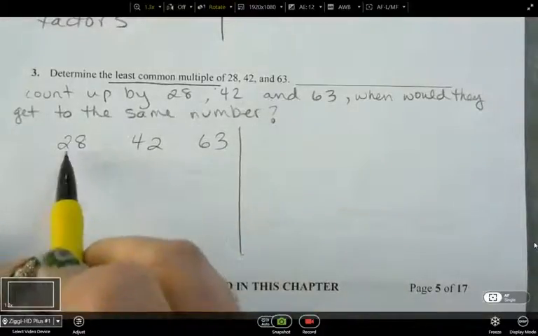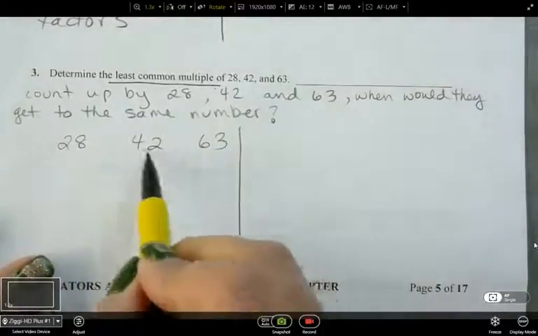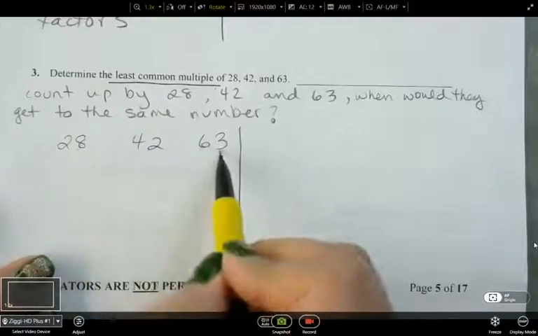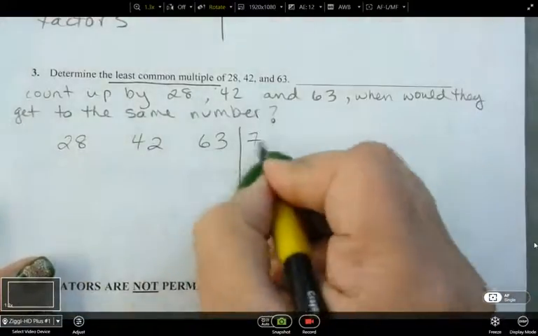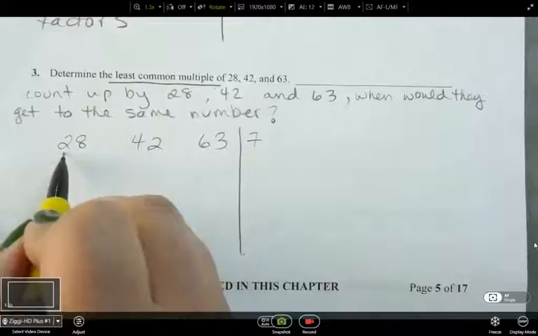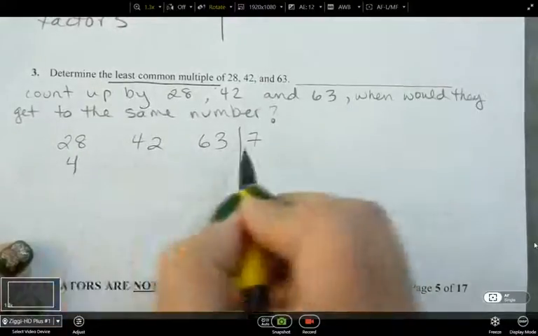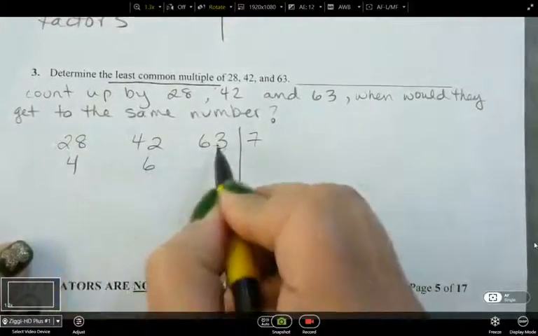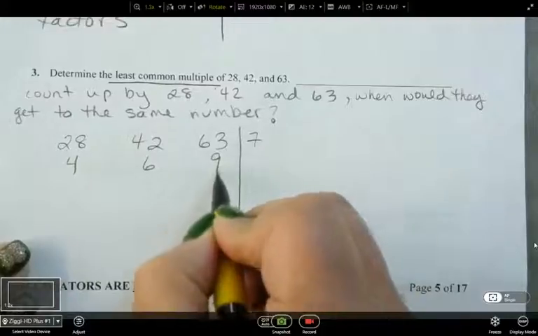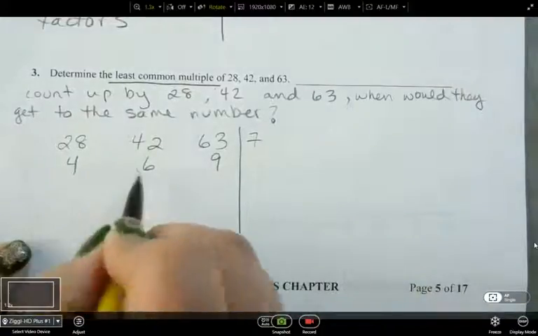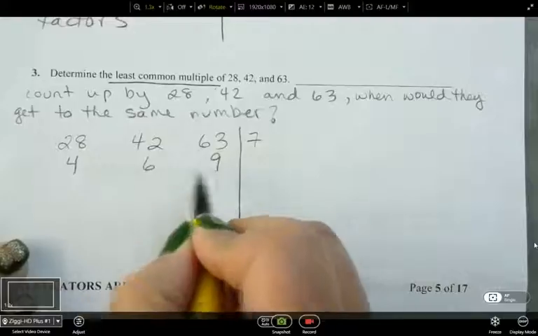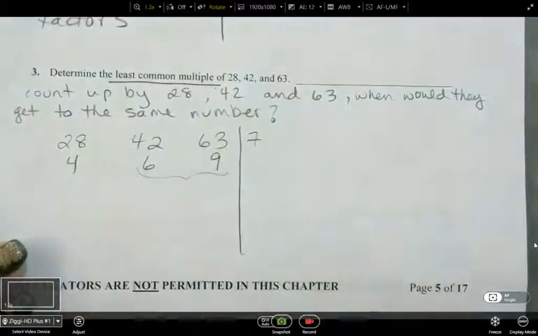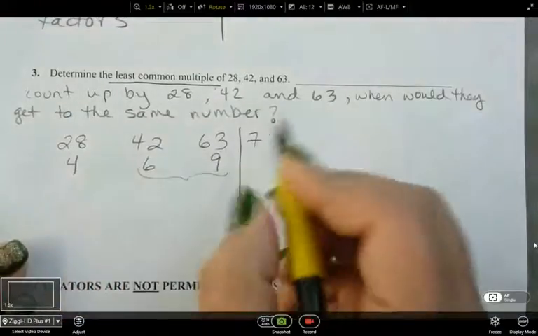So what goes into all of these? These are all multiples of 7, right? Yeah. Okay, so what is 28 divided by 7? 42 divided by 7. 63 divided by 7. All right, so now all three don't have something in common, but these two have something in common. What is that?